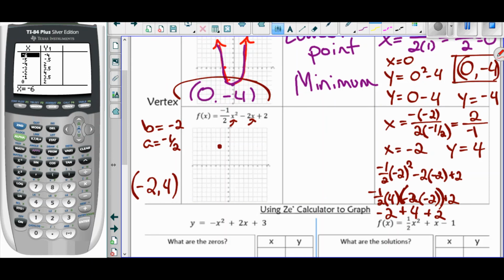And then I have some other points. I always want to pick easy points to graph. So I'll use a 0. Actually, let me use the y-intercept also. 0, 2. Negative 4, 2 is another easy one.